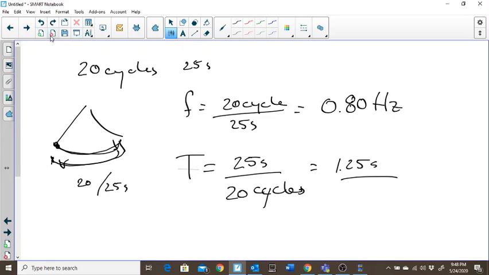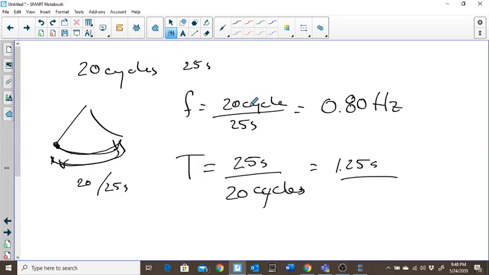The period. So in 1 second, this child will go 0.8 of the full motion that he's doing. The full motion takes 1.25 seconds.